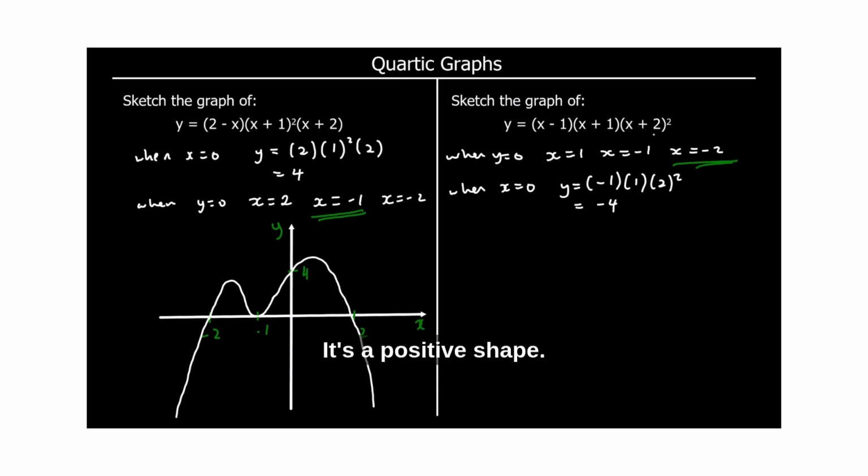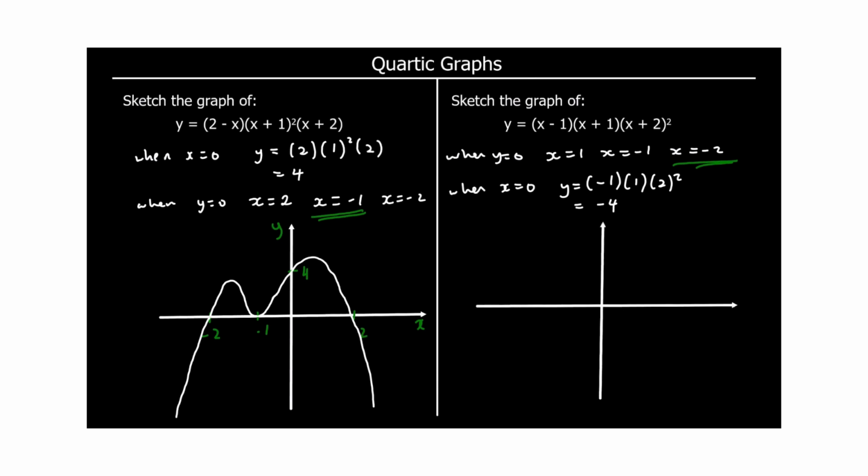It's a positive shape. x times x times x times x is positive x to the power of 4. So we've got 1, -1, and -2. -2 is the repeated root, and it's -4 on the y-axis.